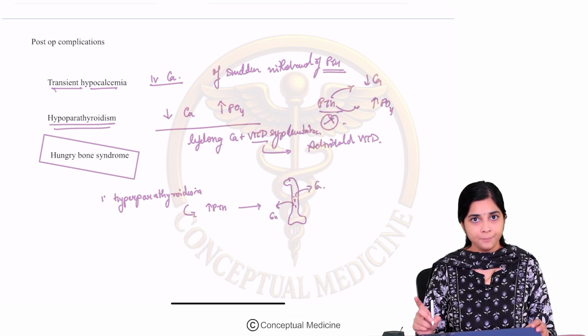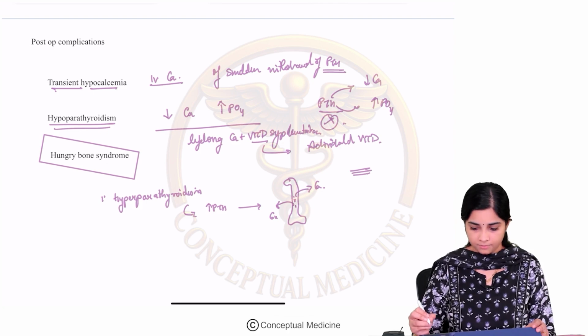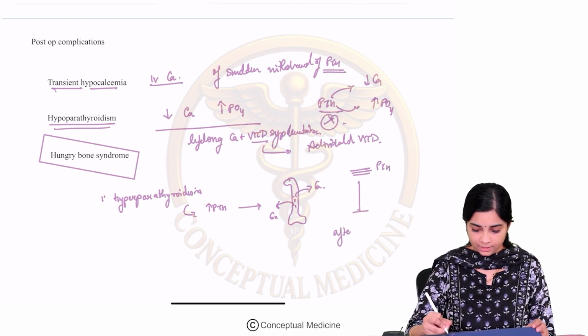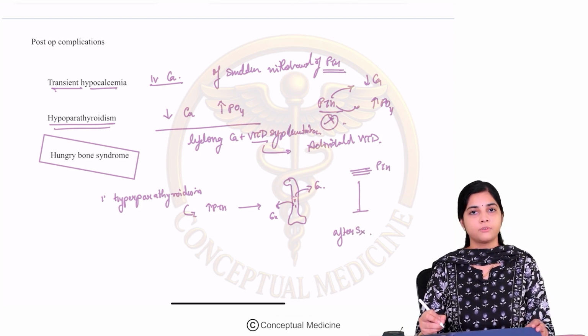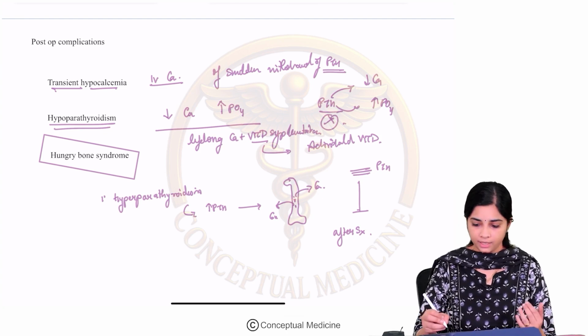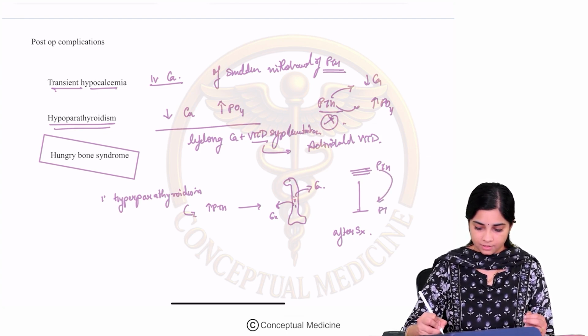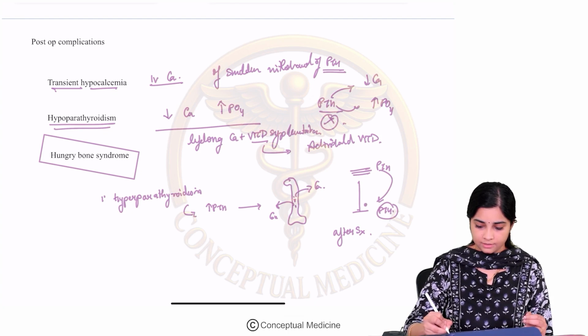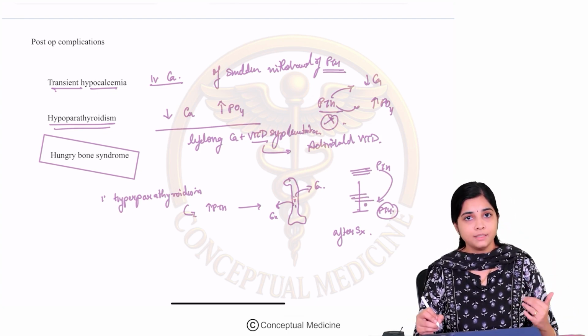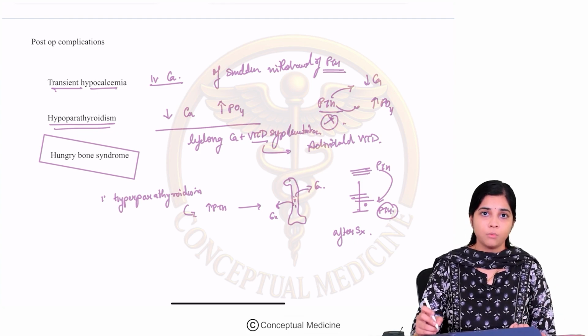The PTH level is somewhere here. Now, after surgery, what happens? You have done a surgery for treatment of your hyperparathyroidism and removed your parathyroid gland. Suddenly your PTH comes to this level. Suddenly there is a drop. So when this PTH suddenly comes down, what happens?